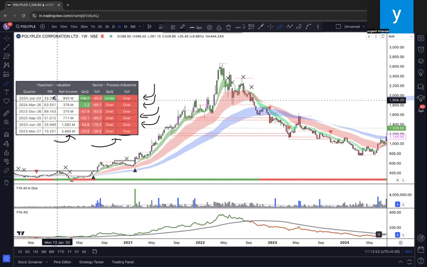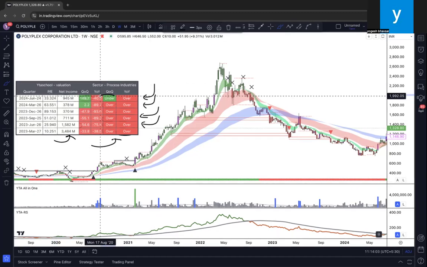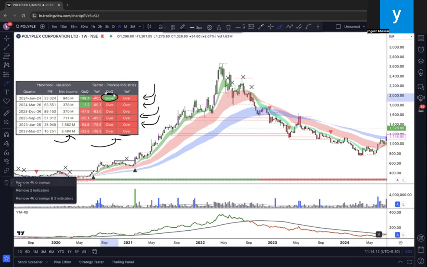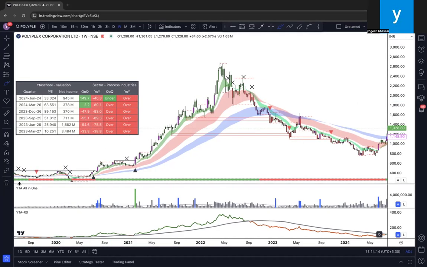My system calculated and said, fine. From the progress that you have shown from the last quarter, for the valuation you are asking, I will tell you it's undervalued. So this is how my system will take net income to its peak.